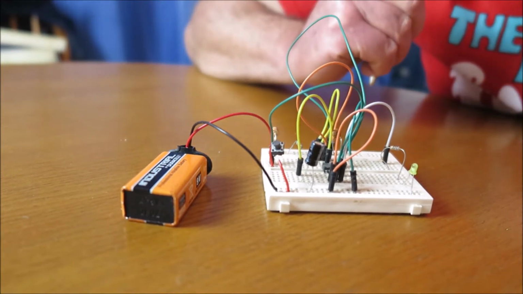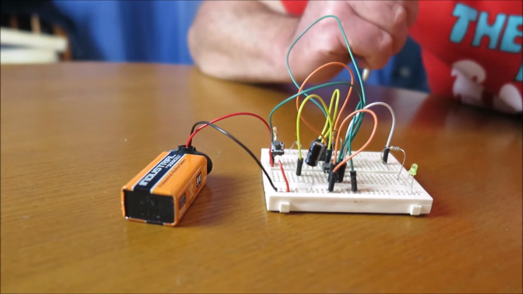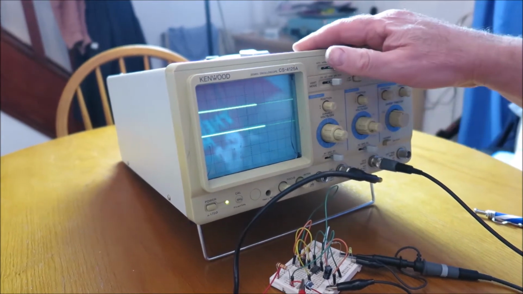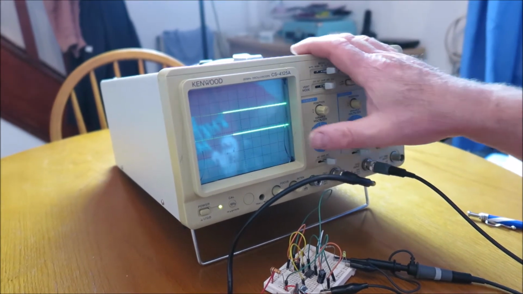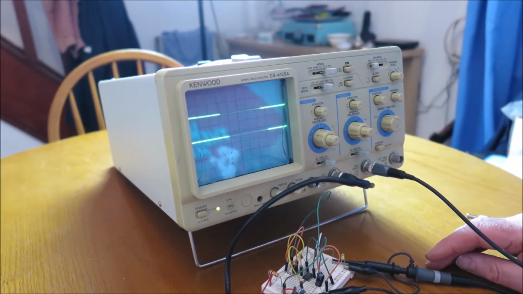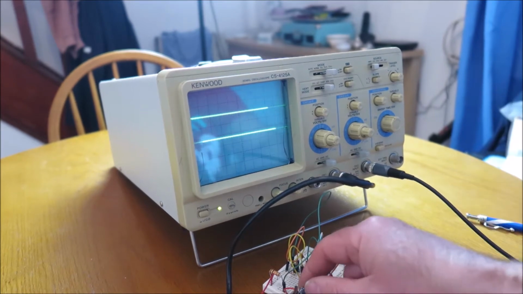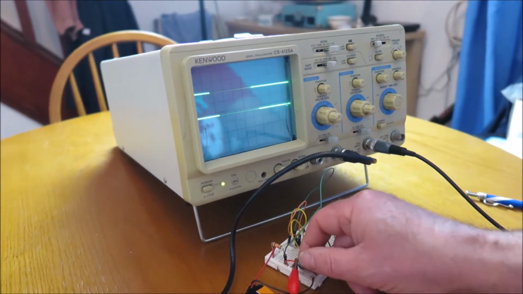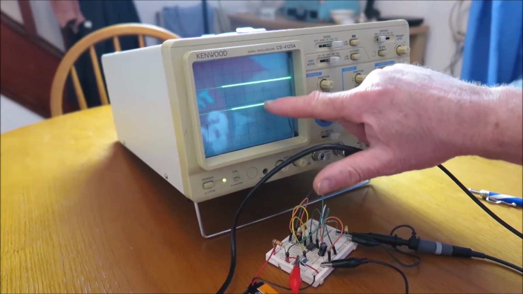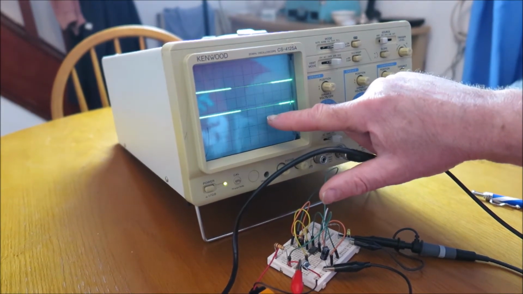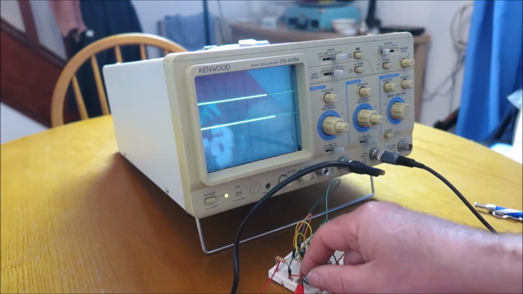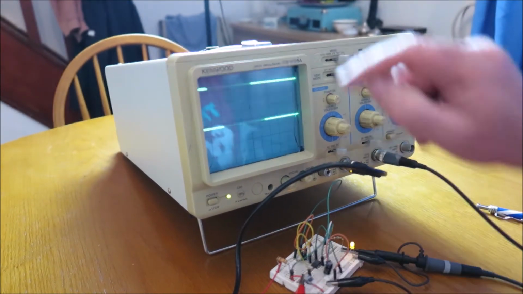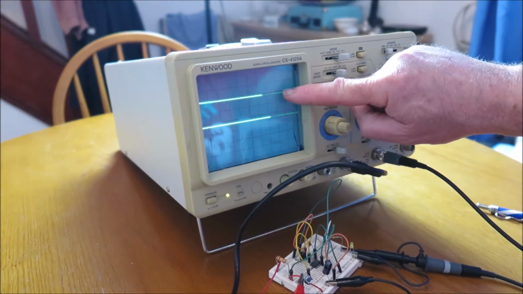Let's put this on the oscilloscope so we can see what's going on with the circuit. Now if we look at the oscilloscope, I've got channel 1 connected to the switch and channel 2 connected to the output. So if I trigger the switch, what we can see is a very short pulse there going downwards, and that's staying high for an amount of time before returning to the monostable state.